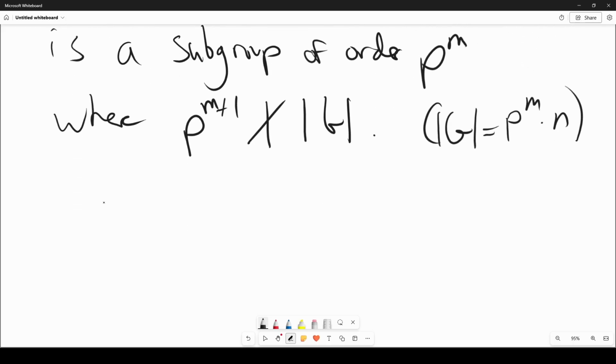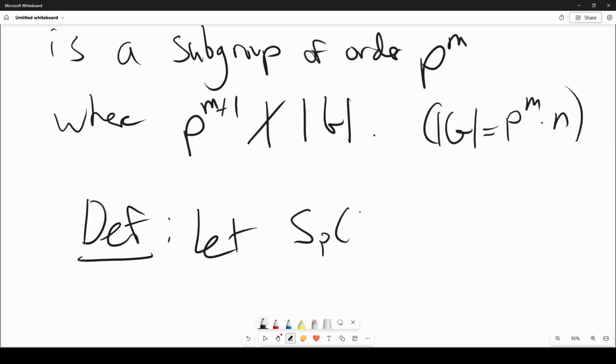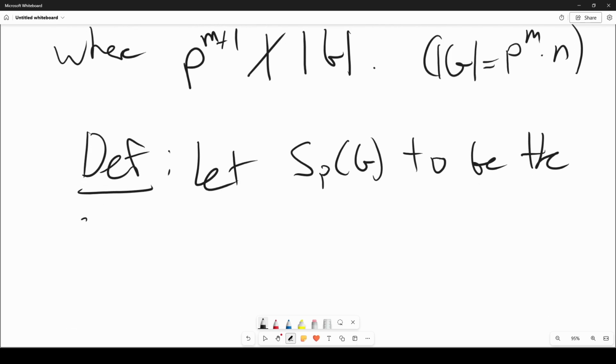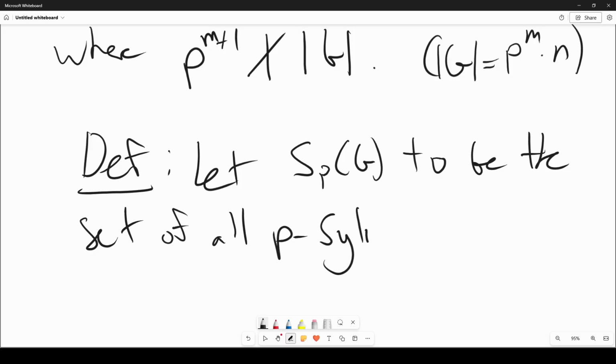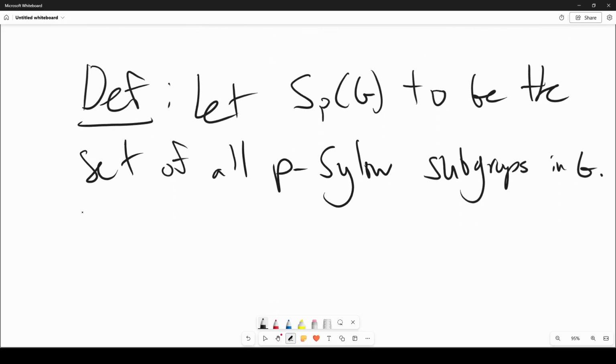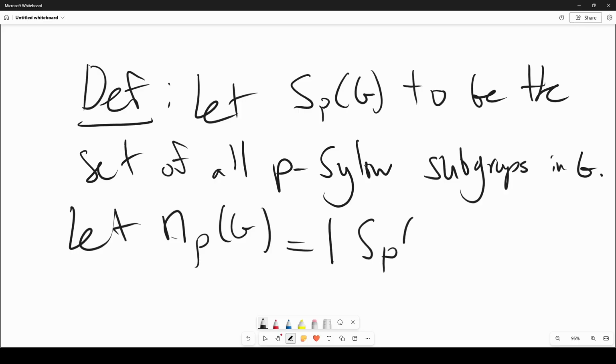Okay, now some other helpful definitions. I'm going to denote the set S sub p of G to be the set of all p-Sylow subgroups in G. And similarly, I'm going to denote this number n sub p of G. This is going to be an integer, which is just going to be equal to the size of this set.